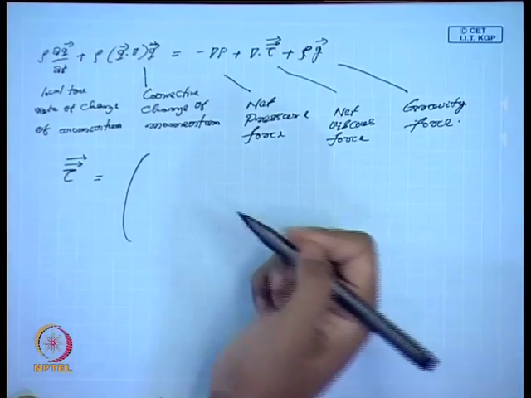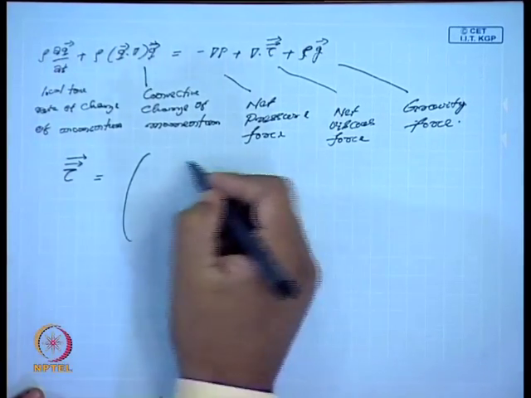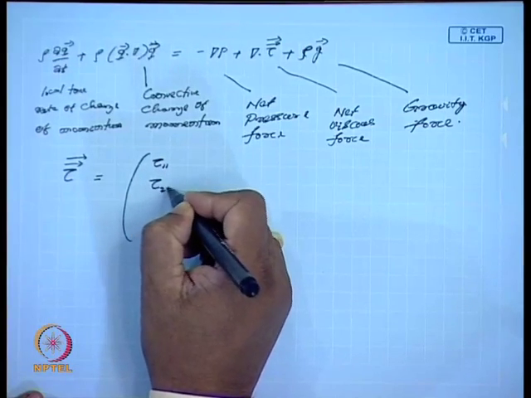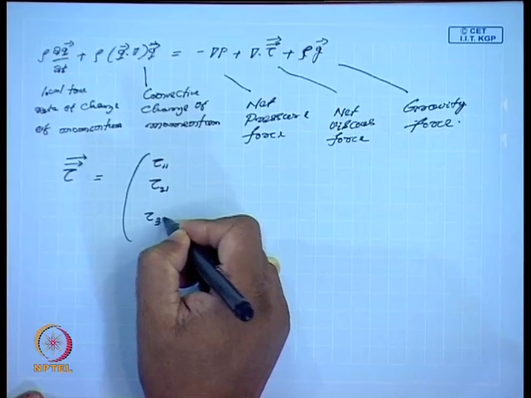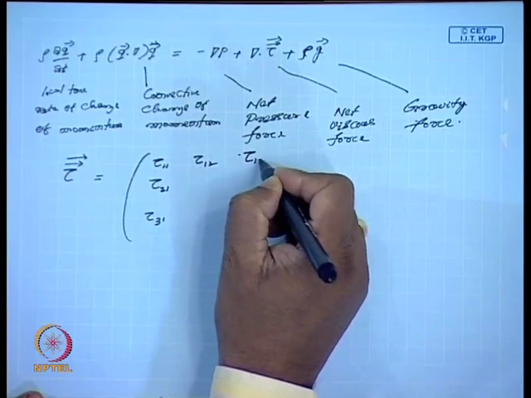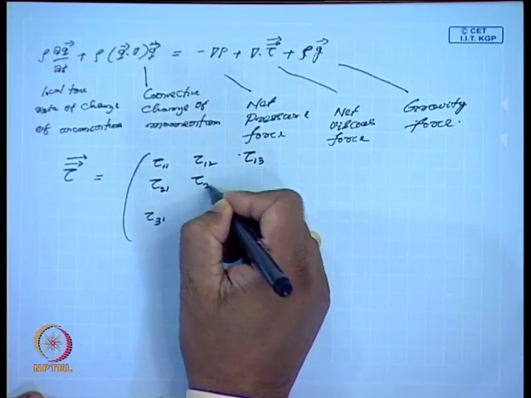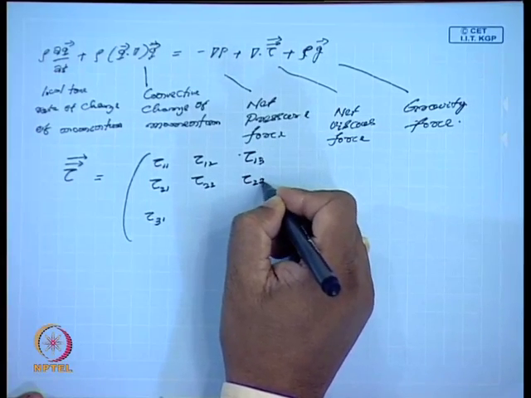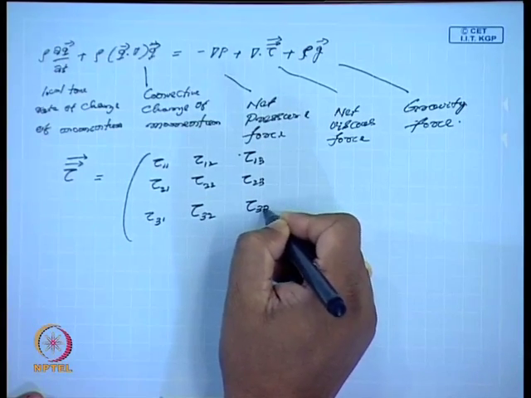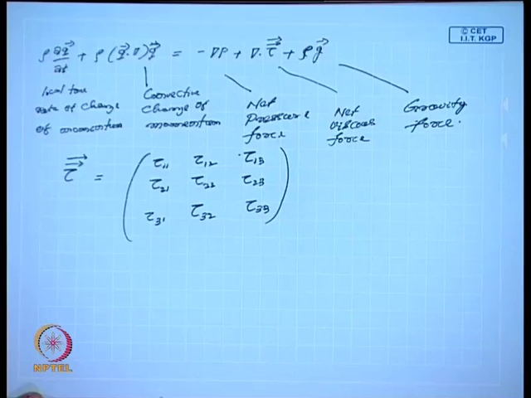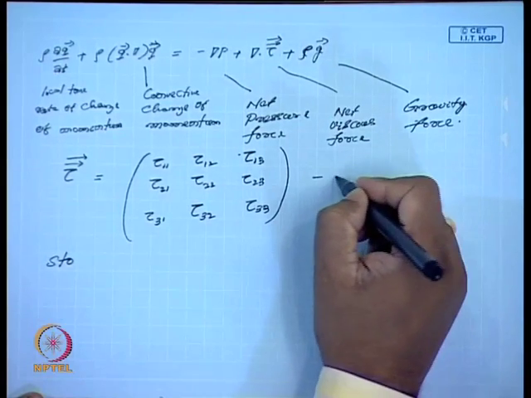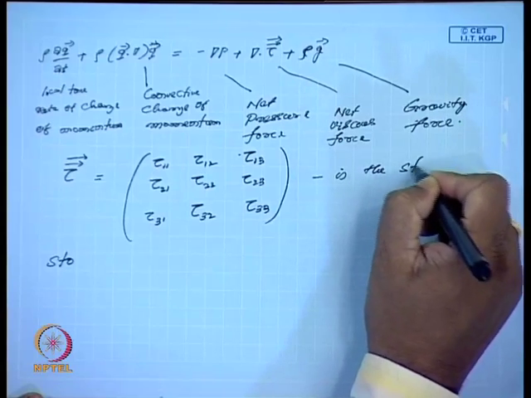Since it is a stress tensor, it has 9 components: tau 11, tau 12, tau 13, and so on. These are called the stress tensor components associated with it.